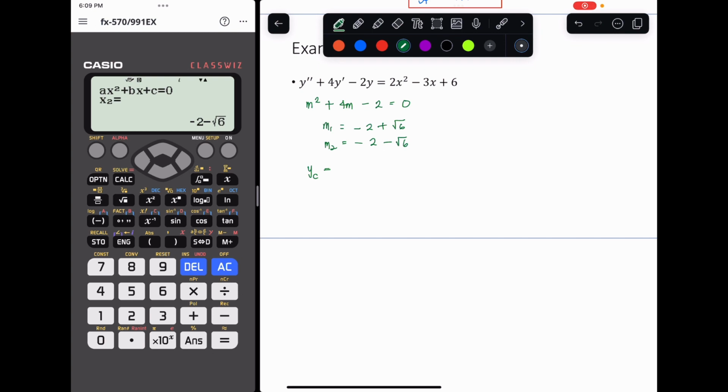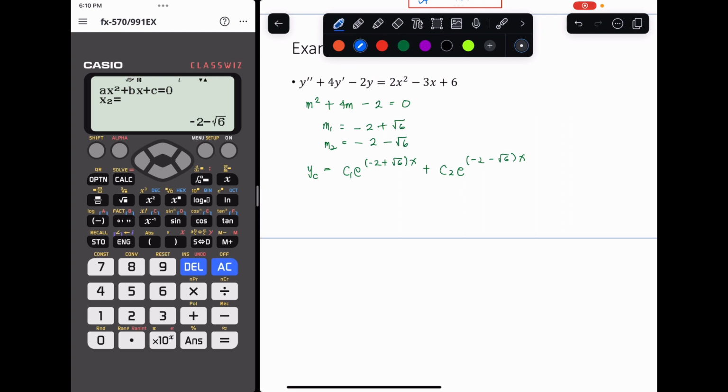Therefore this one falls under case 1. So yc would be c1 e raised to negative 2 plus square root of 6 times x plus c2 e raised to negative 2 minus square root of 6 times x. That makes our complementary solution.